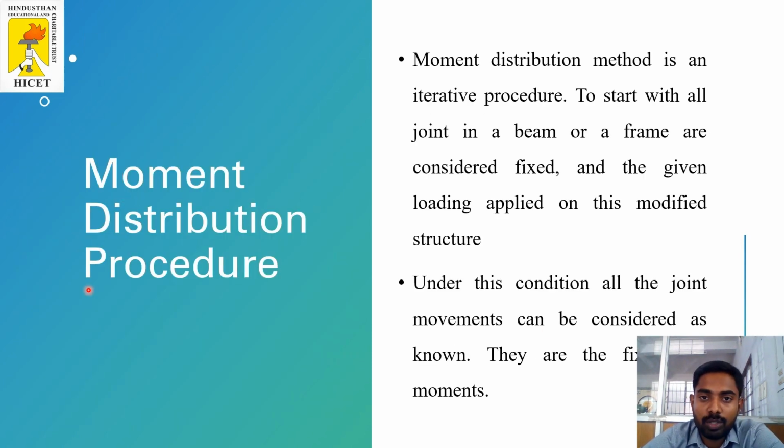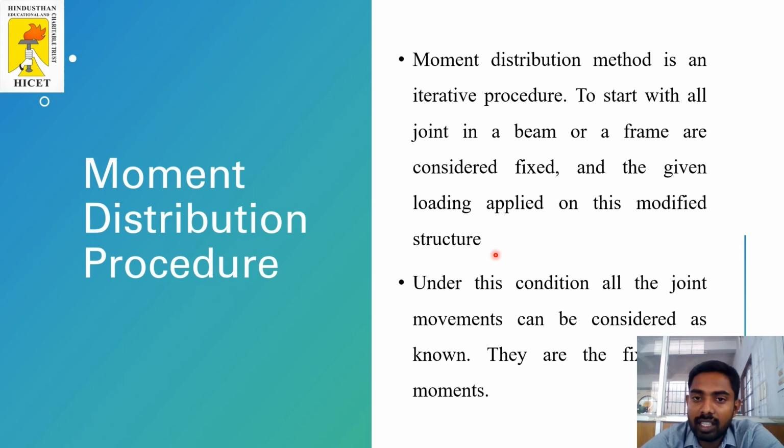Moment distribution procedure. The moment distribution method is an iterative procedure, that means a continuous procedure. To start with, all the joints in a beam or a frame are considered as fixed. In case of simply supported, hinged or roller supports, the fixed end moment will be considered as 0, and the given load is applied on this modified structure. Now we are going to start the analysis of the structure by the moment distribution method.